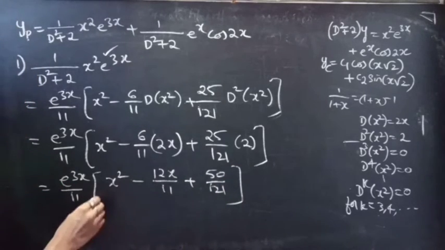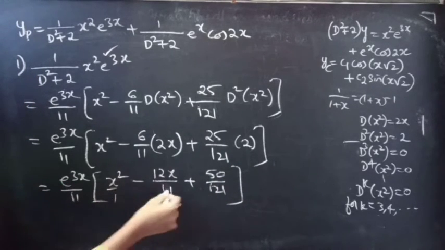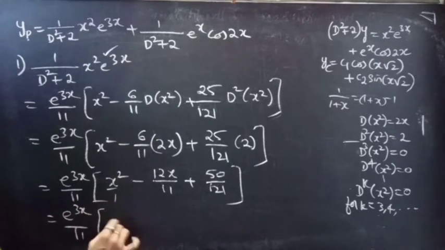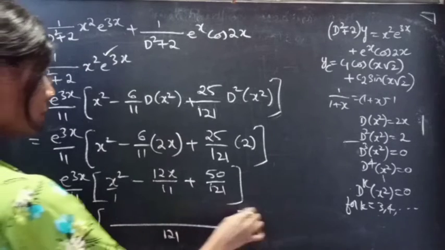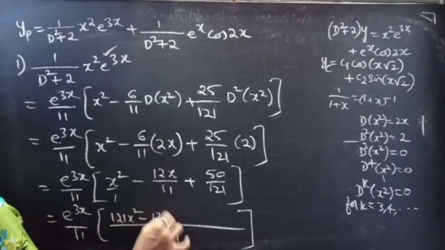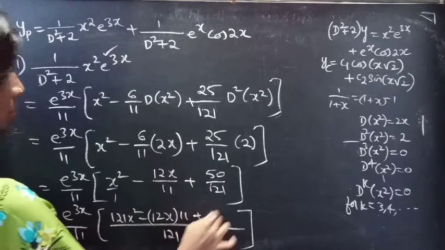Now find the LCM of 11 and 121. We'll get 121 as your LCM. In the numerator we'll get 121 x square minus 12x into 11 plus 50.